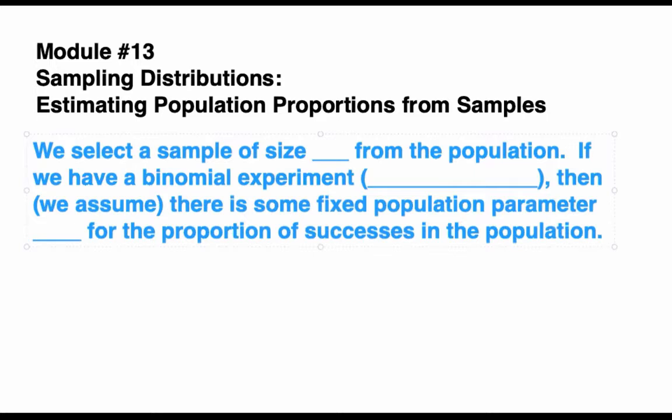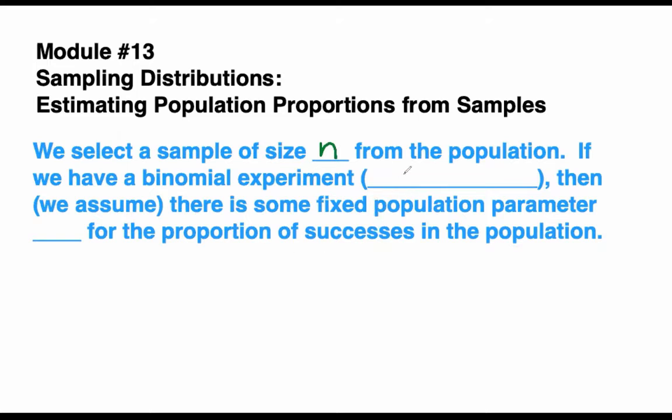Okay, so I left some blanks because I want to write these in a different color. So we select a sample of size n from the population. Okay, so n could be 10, n could be 1,000, n could be 15, n could be any number we want. Obviously, it has to be a whole number.